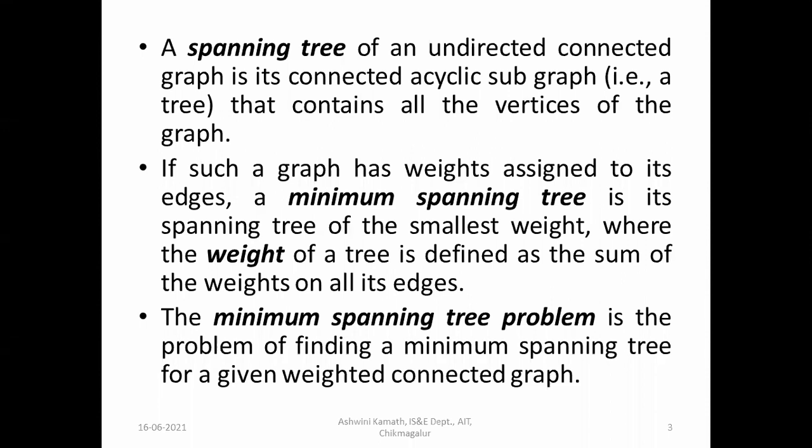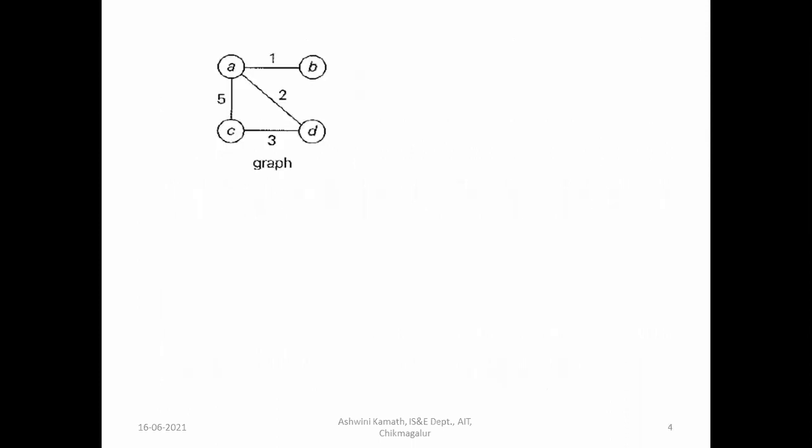So how to get the weight of a tree? Add the weights of all the edges present in the tree. Consider this graph. In this graph, we have 4 vertices, A, B, C, D, and 4 edges: A to B, A to D, A to C, and C to D. And it is undirected. You can create a spanning tree for a directed graph also, and for an undirected graph. Let us consider this spanning tree.